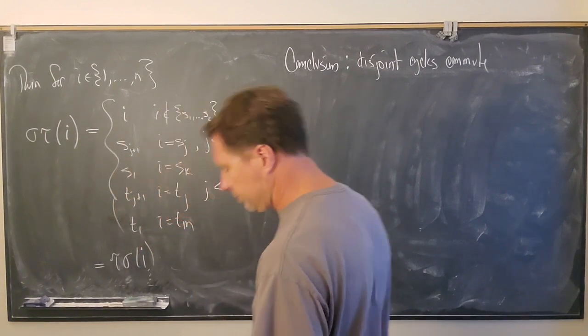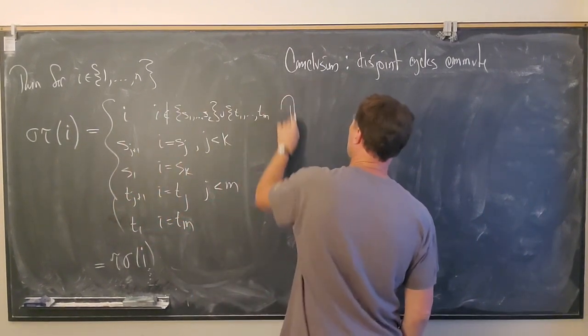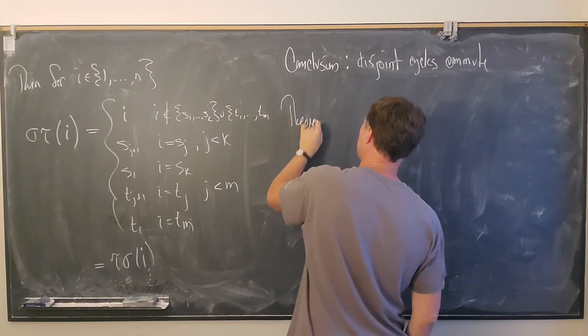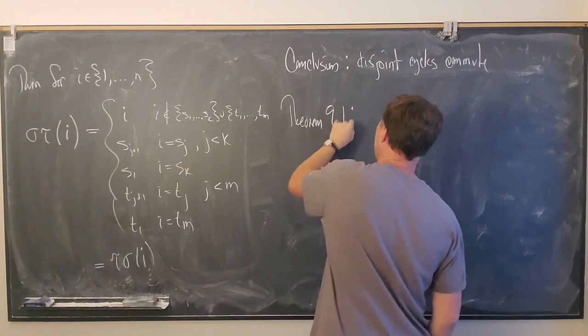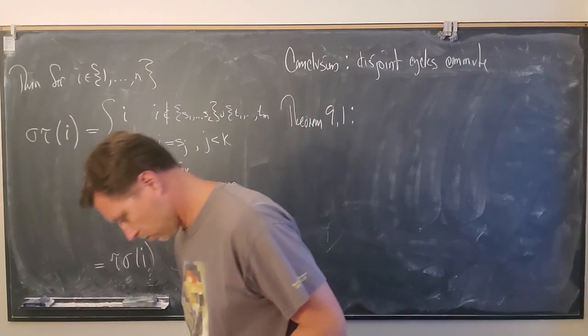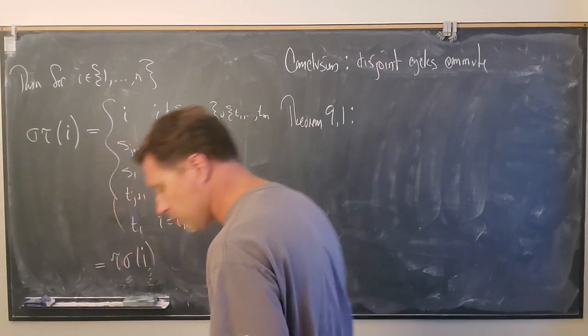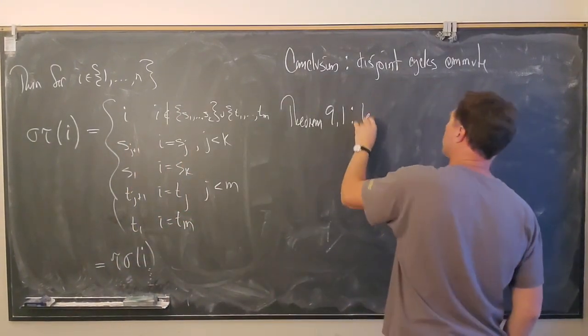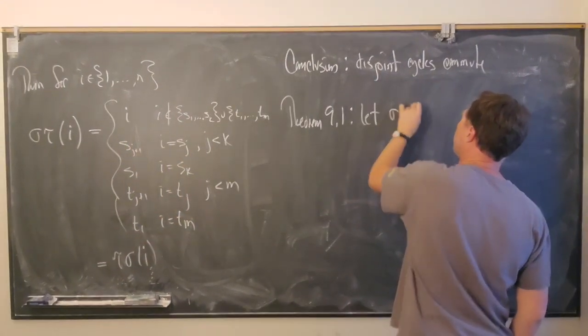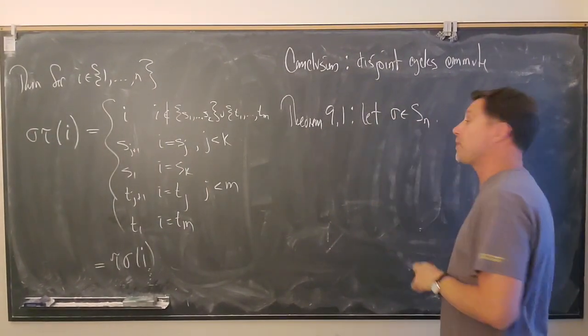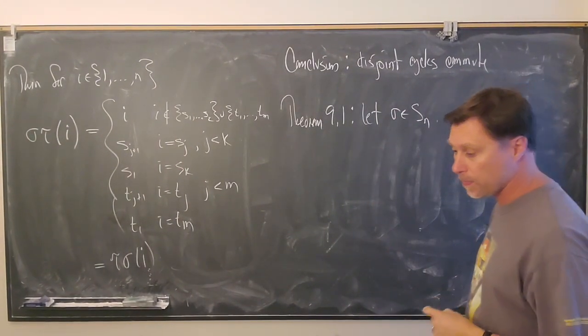Now here's our first result of this chapter. This is theorem 9.1. Let's choose some element of S sub n. So let sigma be in S sub n.